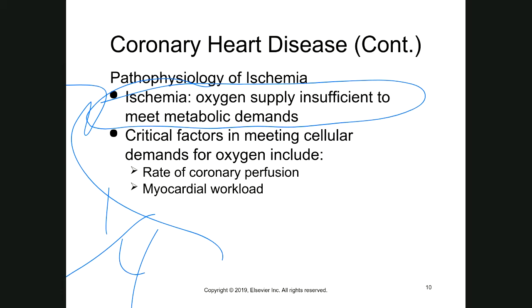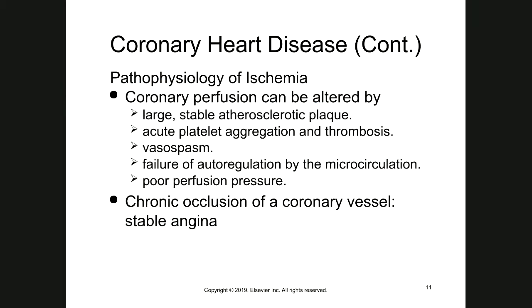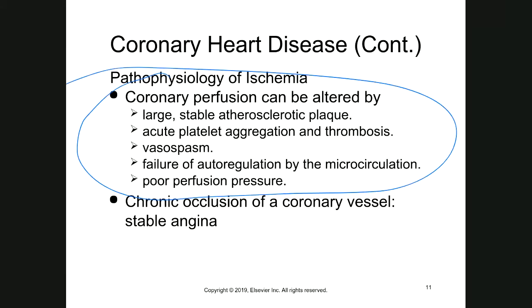Jumping to the next one, the coronary perfusion and how it can be altered. This particular one is not coming now, it's coming, yes, the previous one. Just this one over here is for the midterm. This is a question for the midterm that is very important.